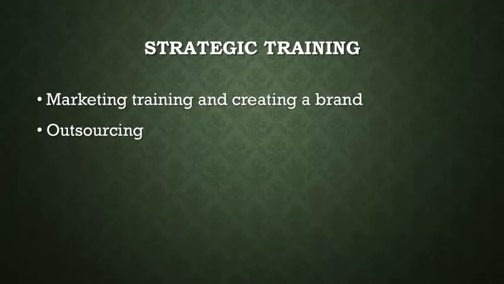We'll wrap up this week's lecture with a couple other areas discussed in this book in regards to strategic training. Number 1, talking about the marketing of the training and also creating a brand. When you think about a training and development program, it is a product within a company oftentimes, and it needs to be marketed.